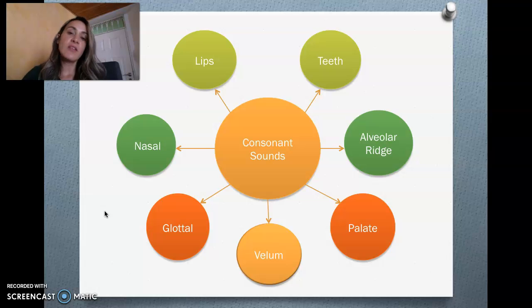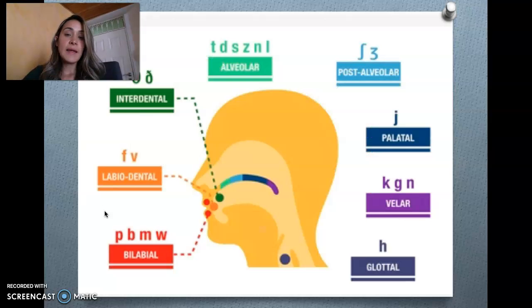The consonant sounds are lip, alveolar, palate, velum, glottal, and nasal. Here we look at what the consonant sounds use in the different parts of the mouth.